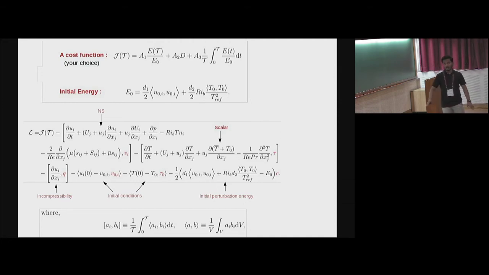All the gradients should go to 0. I'll not show the calculations, but once you do that, you get the equations for the evolution of the adjoint variables, and the adjoint initial conditions of temperature and velocity. And this one has a slightly separate issue, but I'll not go into details.